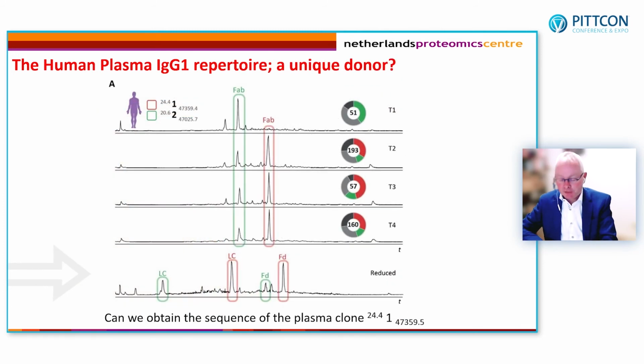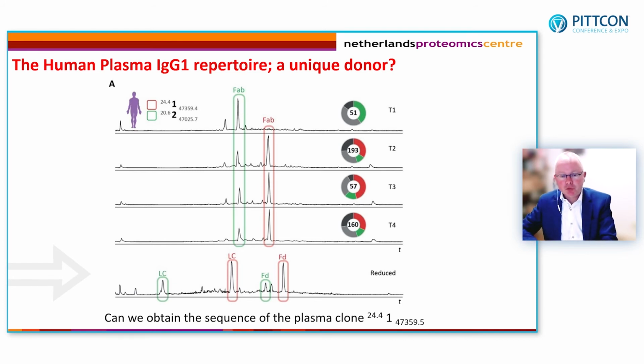So we targeted this antibody and we said maybe we can derive its sequence, because now we only know its molecular mass, we know its retention time, but we don't know anything yet about its sequence. So to do that, we did top-down mass spectrometry, getting the full sequence of the Fab. But we played also a little trick that you see at the bottom.